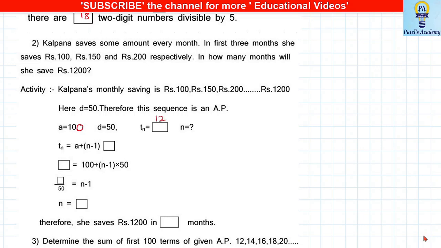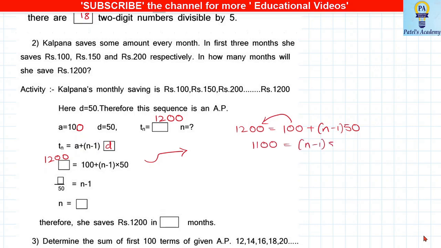Tn is 1200. So the formula for Tn is a plus n minus 1 d. Tn is given as 1200. So we'll just do the calculation here. 1200 equals 100 plus n minus 1 into 50. When I shift 100 here, it will be minus, so it will be 1100 equals n minus 1 into 50.